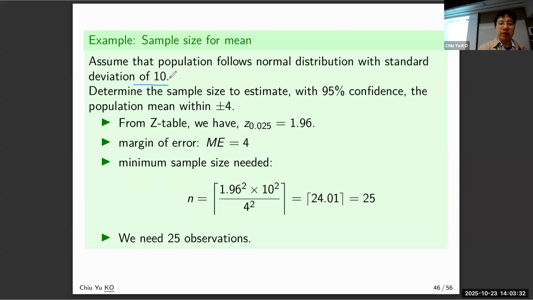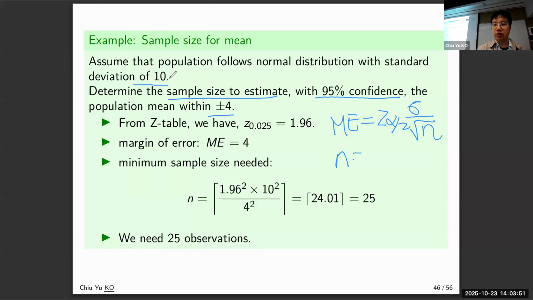Then we want to determine a sample size that gives 95% confidence that we are within 4. Remember, ME is equal to Z alpha over 2 times sigma over root n. Or you can rewrite it as n is equal to the bracket of Z alpha over 2 squared times sigma squared, over ME squared.